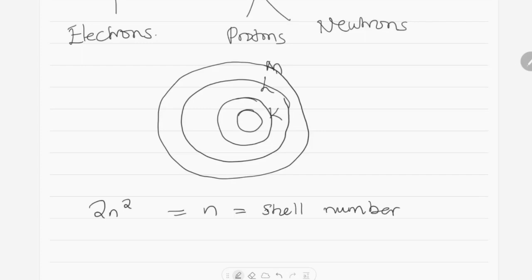If it's K shell, that is shell number 1. If it's L shell, that is shell number 2. M shell is shell number 3, regarding its position from the nucleus. As we move away from the nucleus, the shell number increases.